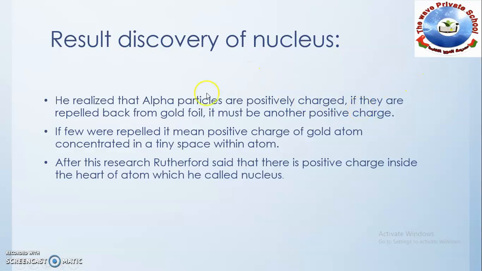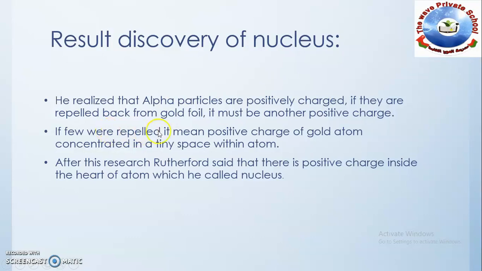So if they are repelled back from the gold foil, there must be another positive charge. When alpha particles are directed onto the gold foil, they come back in the same direction, so there must be some positive charge.